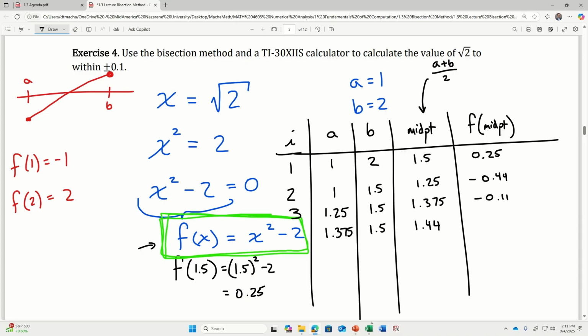And that's good enough, right? Because this question is saying use the bisection method to calculate within plus or minus 0.1. Square root of 2 is like 1.4-ish, and so that's good enough for me.